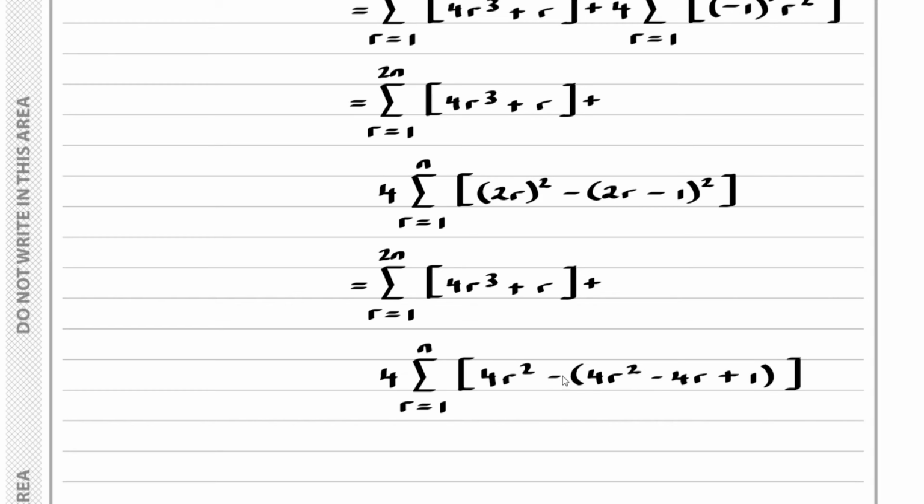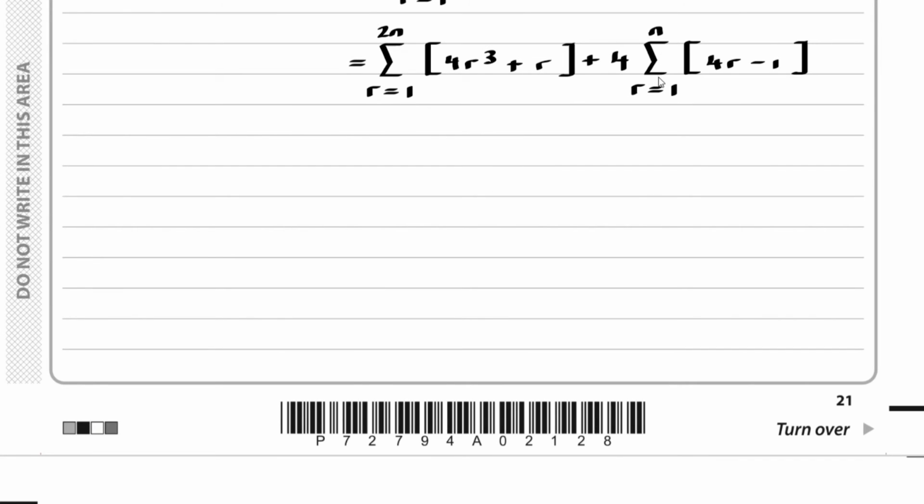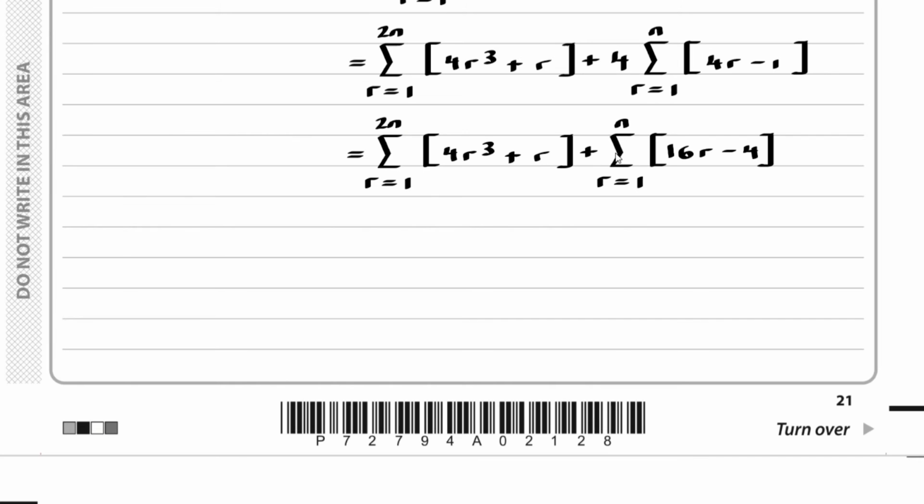And if I multiply this negative 1 into the bracket and simplify, we still have the sum from r equals 1 to r equals 2n of 4r cubed plus r, and then I add on 4 multiplied by the sum from r equals 1 to r equals n of 4r subtract 1. And so, multiplying the 4 into this, we've got the sum from r equals 1 to r equals 2n of 4r cubed plus r, and then I add on the sum from r equals 1 to r equals n of 16r subtract 4.